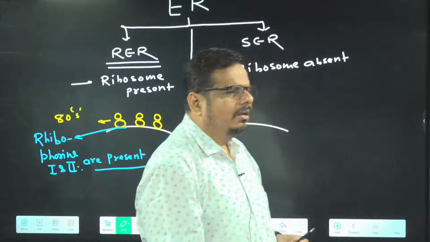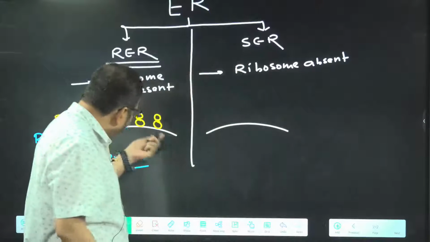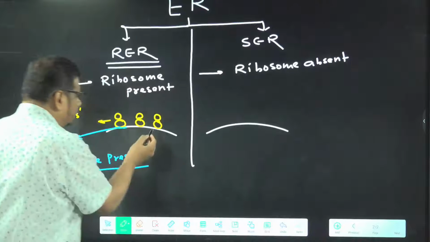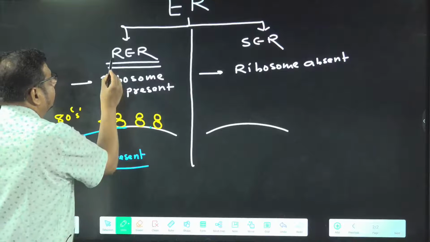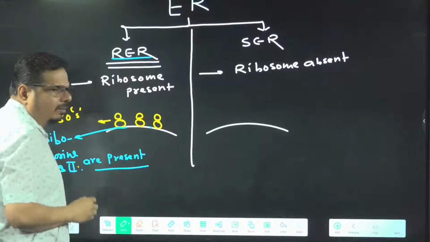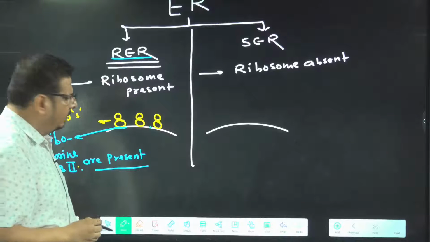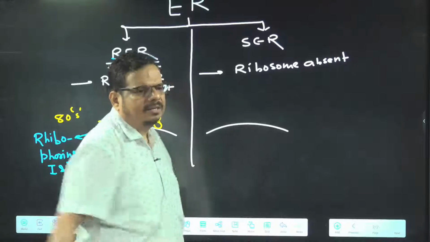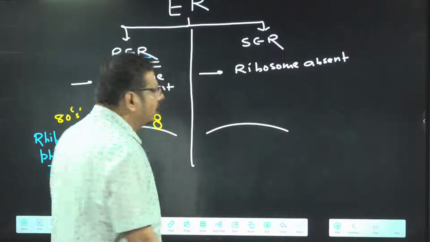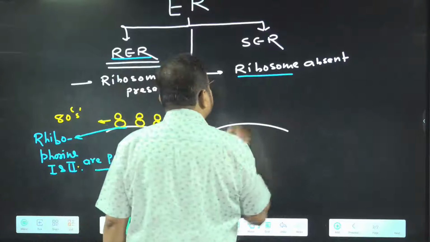Getting the things or not? So due to the presence of these ribosomes, the surface appears which one? Rough. And that is the reason we call this endoplasmic reticulum what? RER. Here, what is absent? Ribosome on the surface, no granular structures are there. Ribosome is absent.